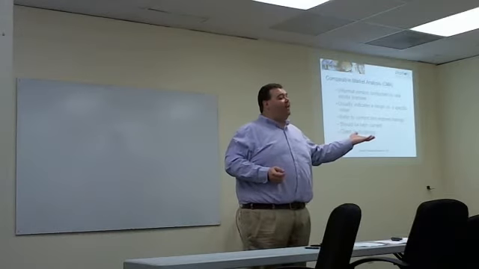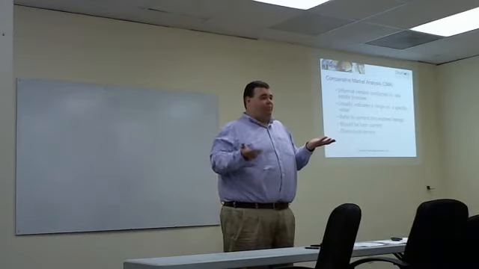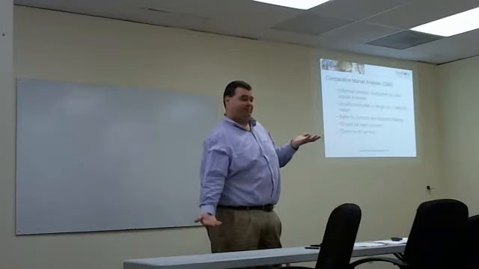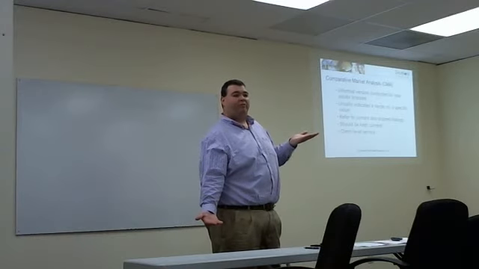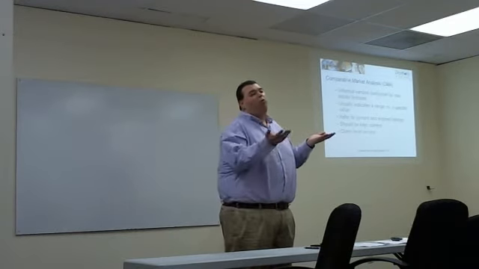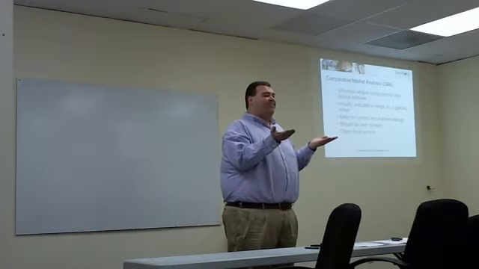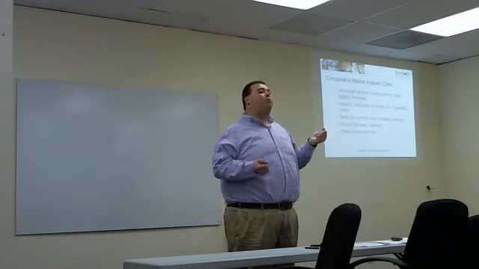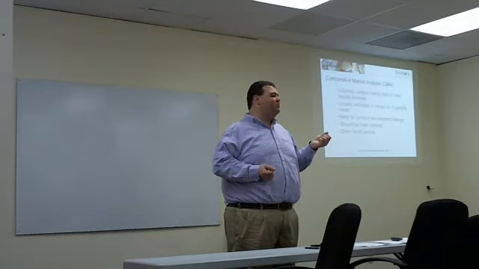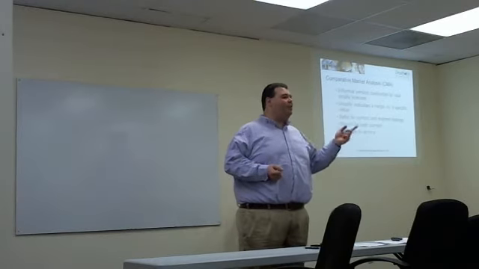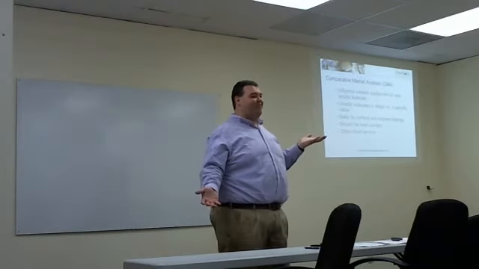Subject has a fireplace. Boom. Comp, no fireplace. What am I going to do? I'm going to add, what am I adding? The value of what? A fireplace. What a fireplace costs? What kind of value? What's somebody going to pay for it? What would a buyer be willing to pay for a fireplace?